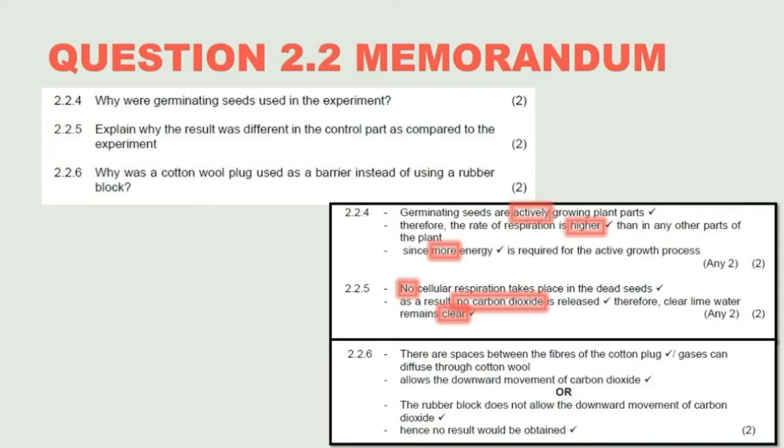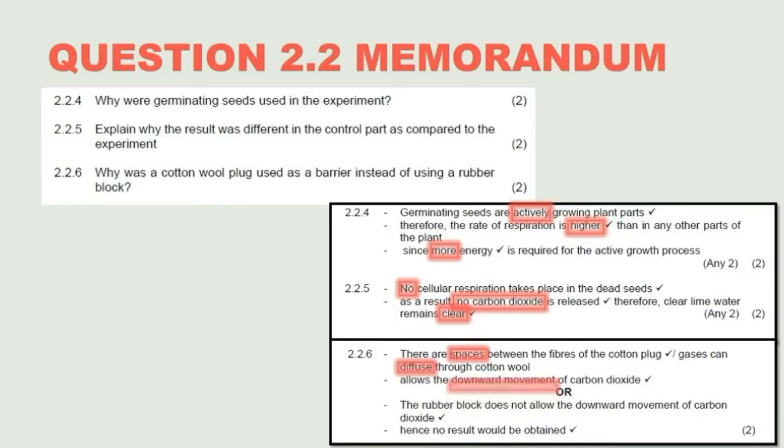Question 2.2.6. Why was a cotton wool plug used as a barrier instead of a rubber plug? So there are spaces between the fibers, so the cotton wool almost acts like a little sponge, so it doesn't block the inside or separate the inside of the test tube from the atmosphere. So that means gases can still move freely, or diffuse, through the cotton wool.